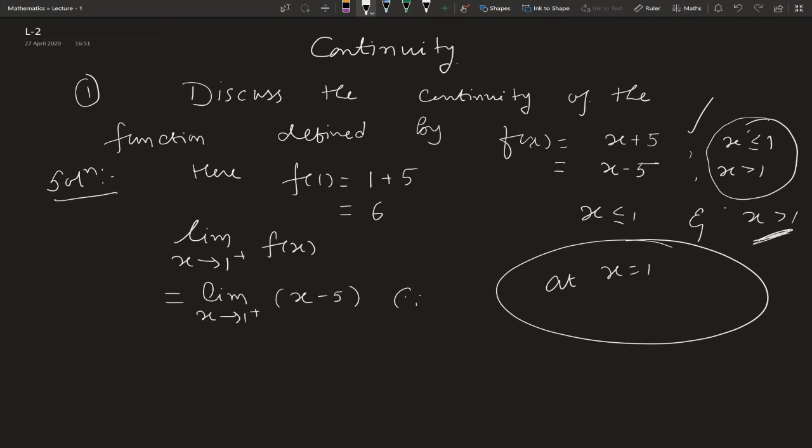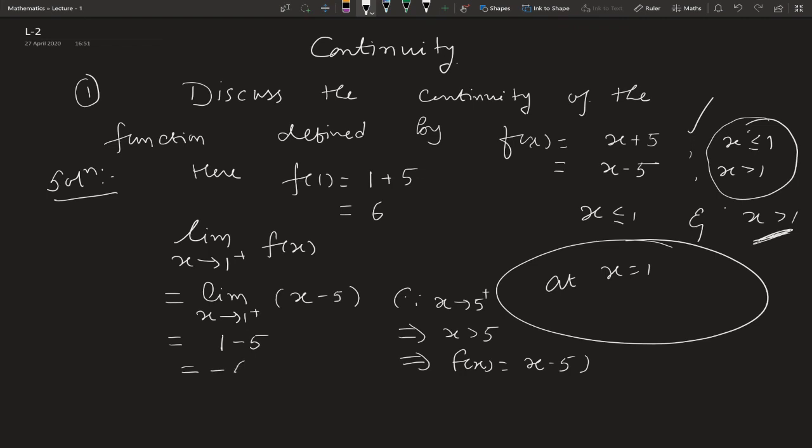We give the reason: x tends to 1 plus implies x greater than 1, right hand side limit, so the value of the function is x minus 5. Now we put x equal to 1 to evaluate this limit.